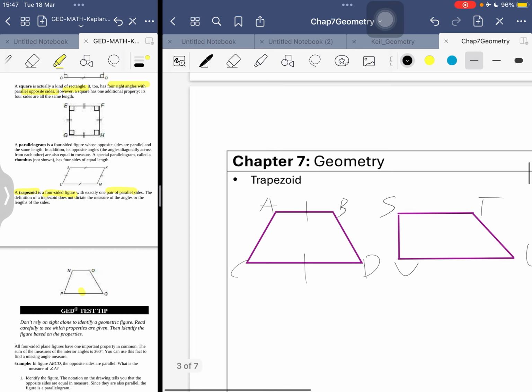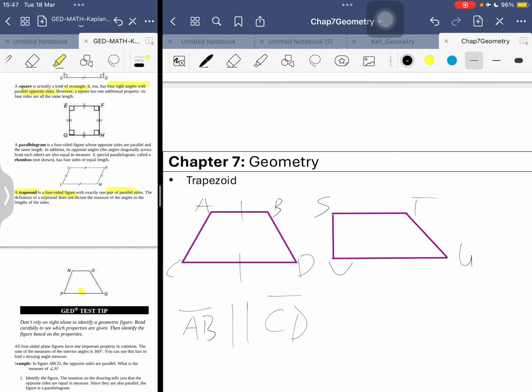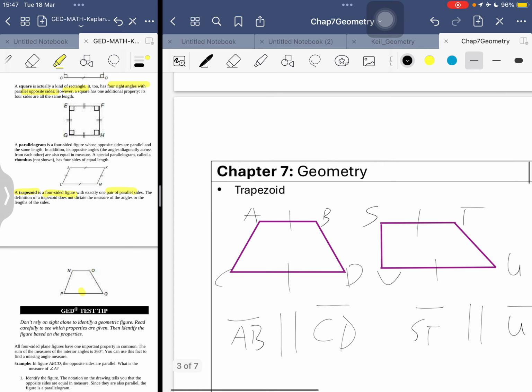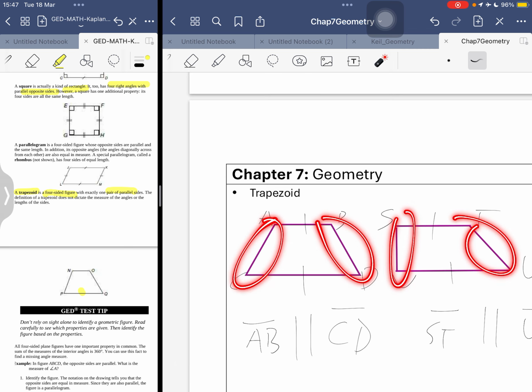For example, in trapezoid ABCD, line segment AB is parallel to line segment CD. And in trapezoid STUV, line segment ST is parallel to line segment UV. But they are connected with legs.